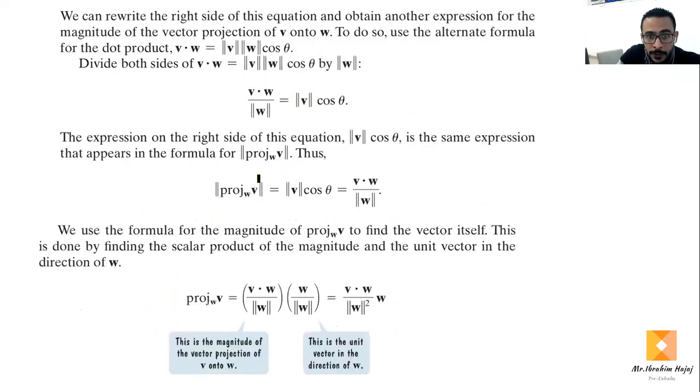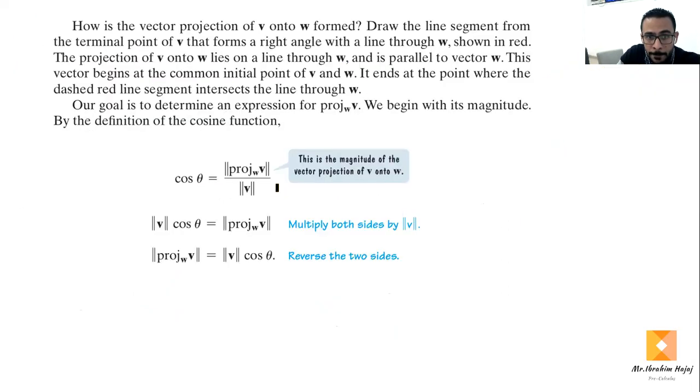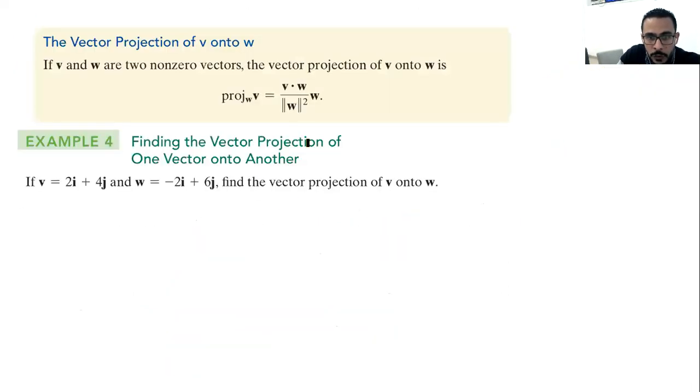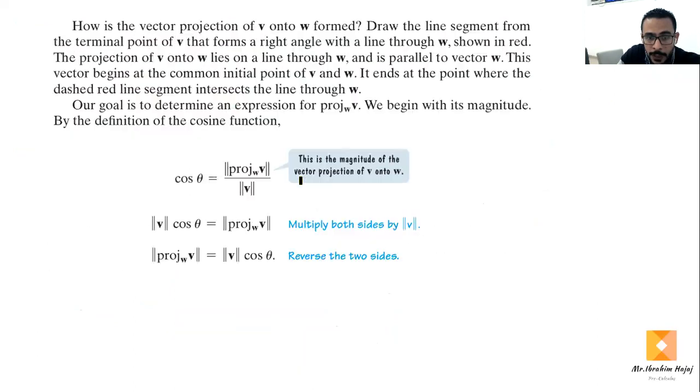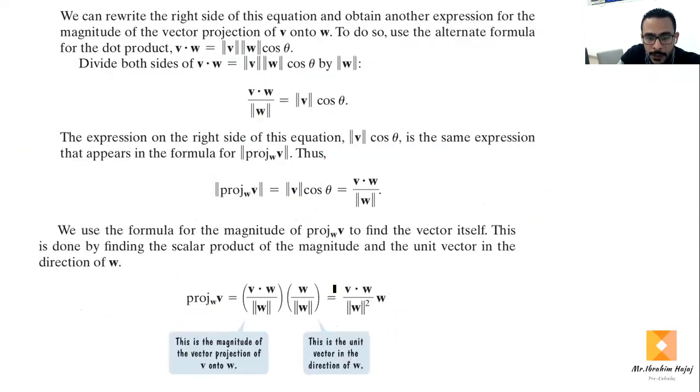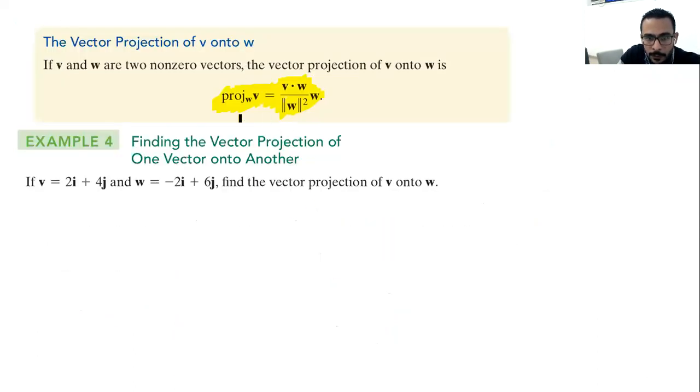I need you only to use this formula to find the projection of vector W onto V. No need yet to know the proof. I'm not going to ask any question about how to generate this formula. Just know how to find the vector projection of V onto W.